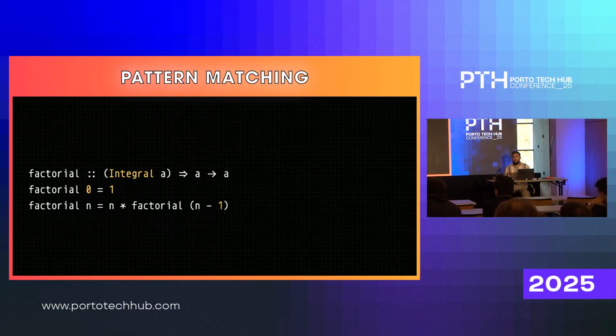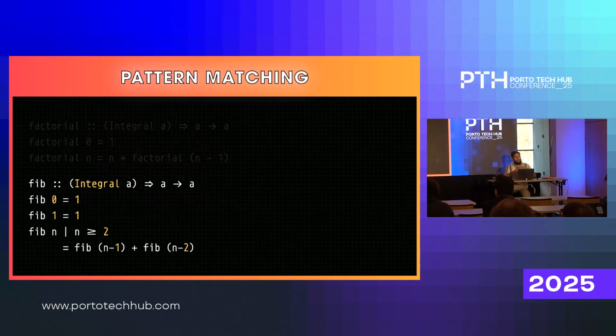Here is another example in some other language, this one in Haskell, a very simple factorial function where first we have the type annotation of that function, and then we have 2 patterns being matched. The first one is the base case where if we have 0, we return 1, and the second one is the recursive call where we match n and then return the factorial call of that.